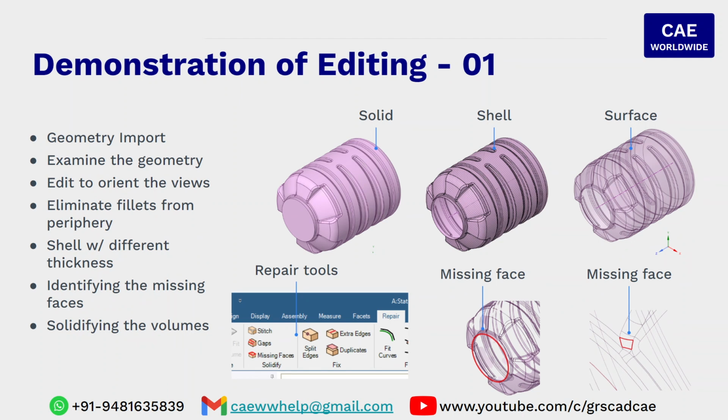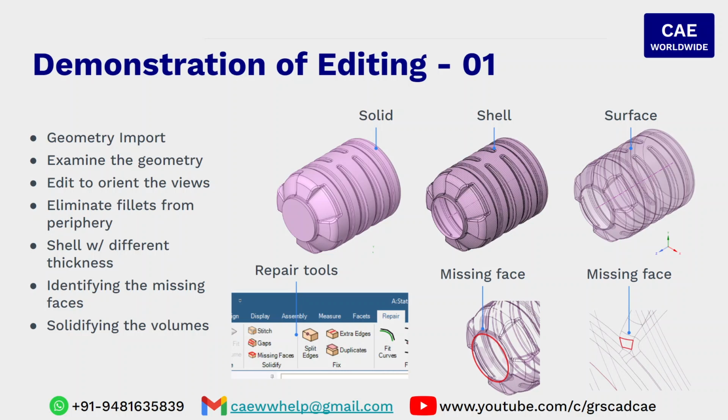We are going to see the available commands in SpaceClaim to take care of the imperfections in the geometry. In the first example, the overhead tank or water tank, which is very familiar to us, we are going to import the geometry. We examine the geometry, and we can edit the geometry or orient the views.